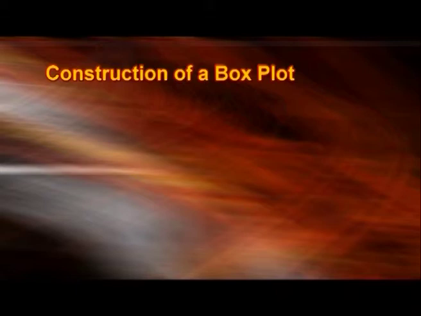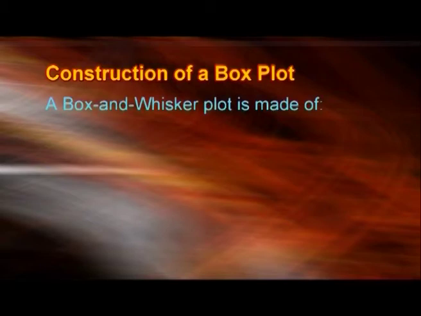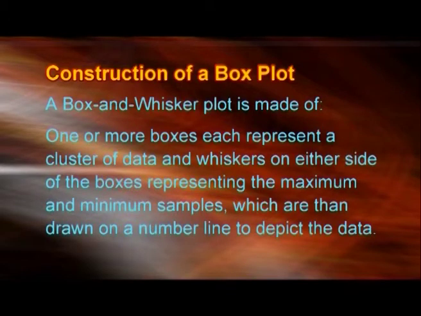Let us now understand how a boxplot can be constructed for a given data. A box-and-whisker plot is made of one or more boxes, each representing a cluster of data, and whiskers on either side of the boxes representing the maximum and minimum samples, which are then drawn on a number line to depict the data.